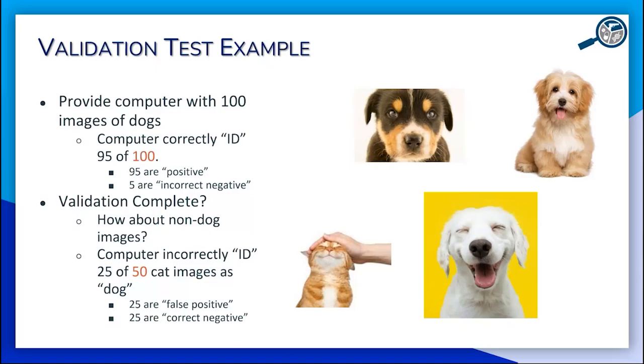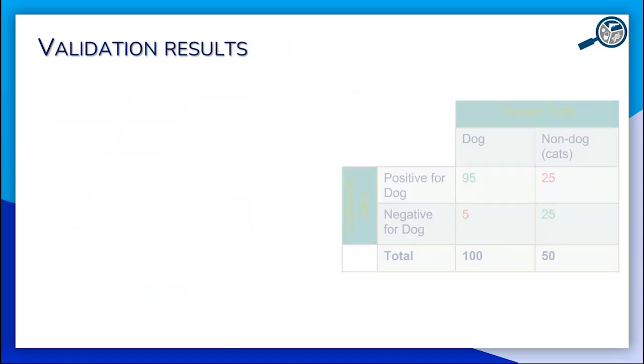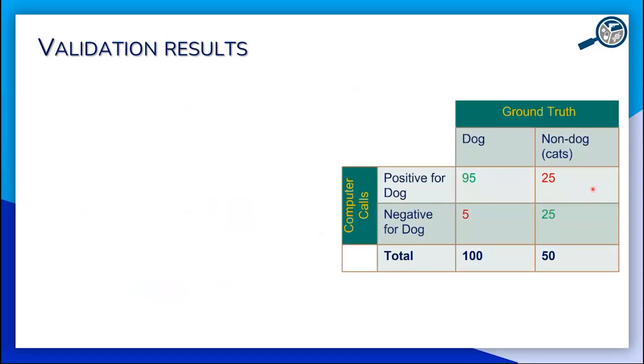So what do these results end up looking like? Well, we can put the results into a table here where we have the computer calls and the ground truth. So remember we had 100 dog images, 5 of those were incorrectly negative, 95 were correct. And then we had 50 cat images or non-dog images, and we had 25 and 25.